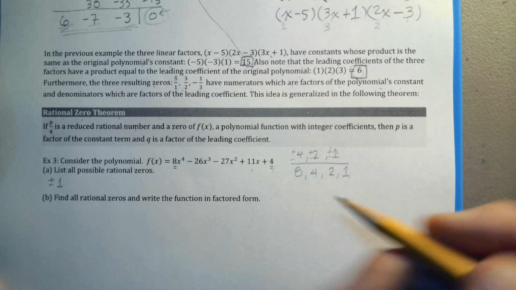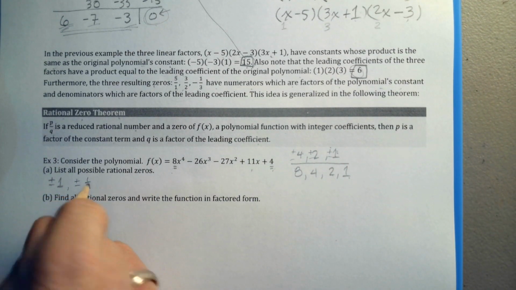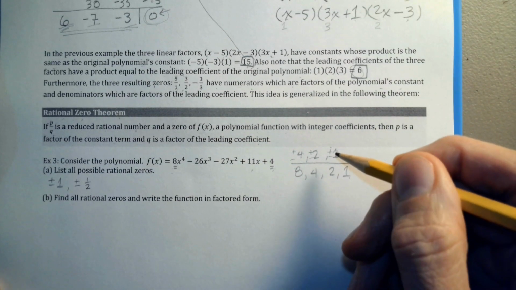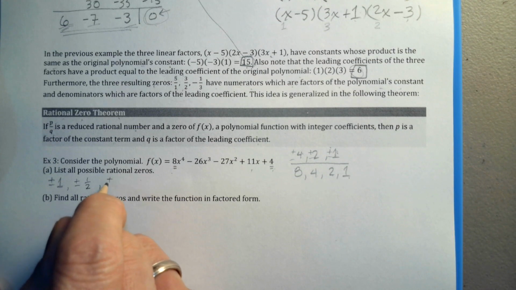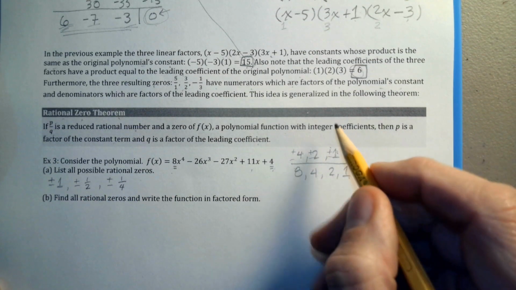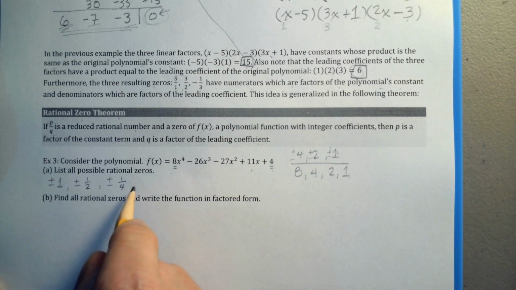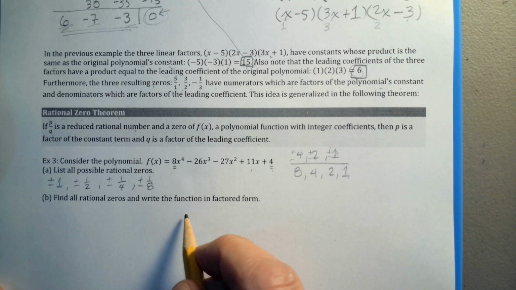Then 1 over 2, so plus or minus 1/2 is a possible zero. 1 over 4, so plus or minus 1/4 is a possible zero. 1 over 8, plus or minus 1/8 is a possible zero.